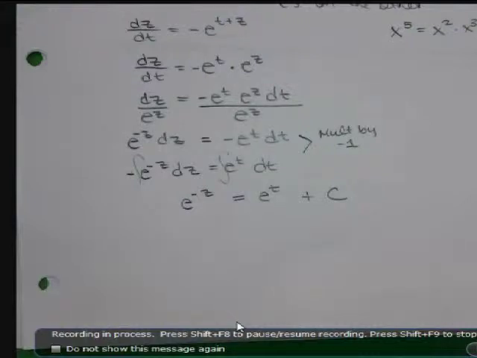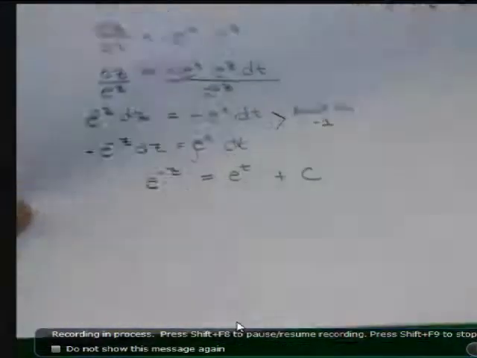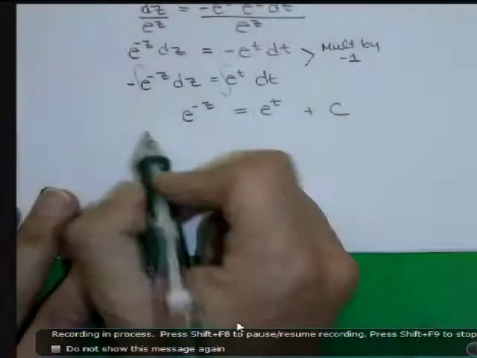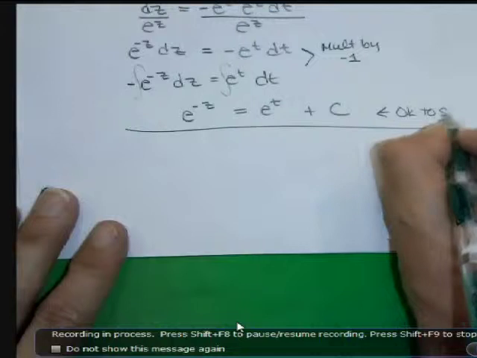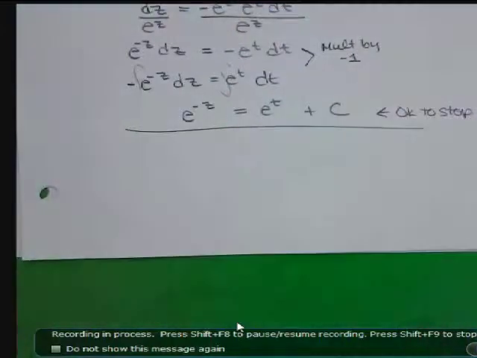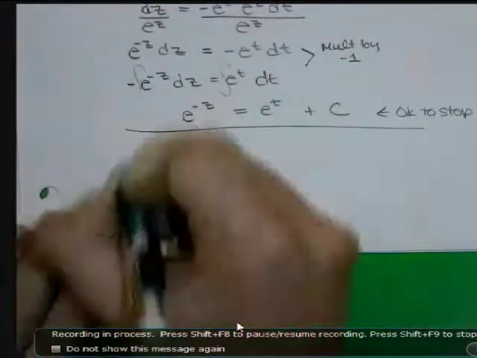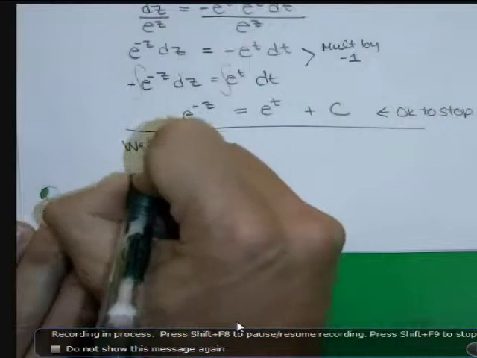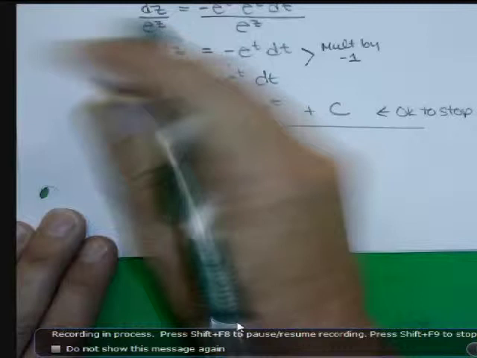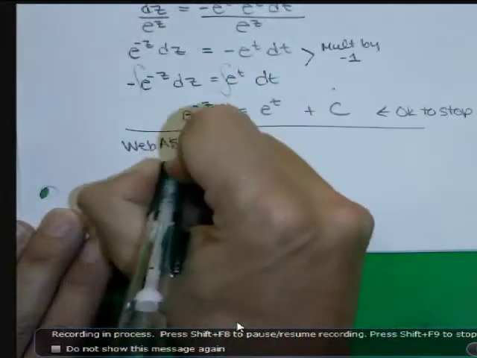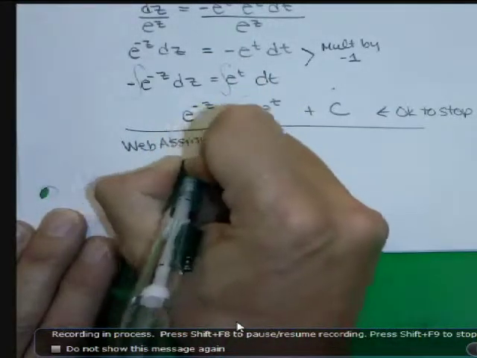WebAssign might ask you to solve for z. So I'm okay if you stop here, once you get the antiderivative on each side, but WebAssign might ask you to solve for z. So if you were asked to solve for z, what would you do now?